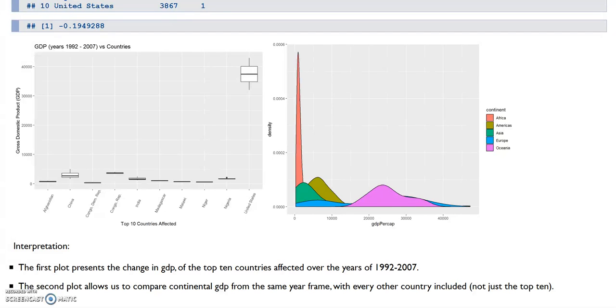But as we see with like Oceania or the Americas, there's a little bit more of a spread to that. So the density plot doesn't peak as high, and we see the width spread a little bit more. So this allowed us to compare our GDP of total to the GDP for each of these 10 countries to see with the fluctuation kind of how they compared to the counts for death and affected for epidemics.